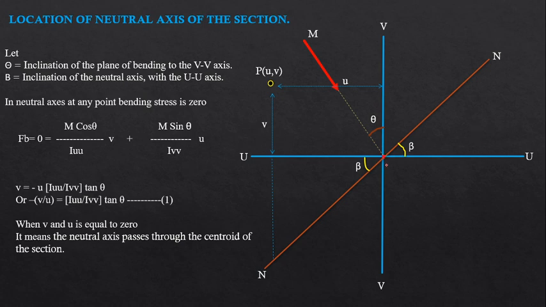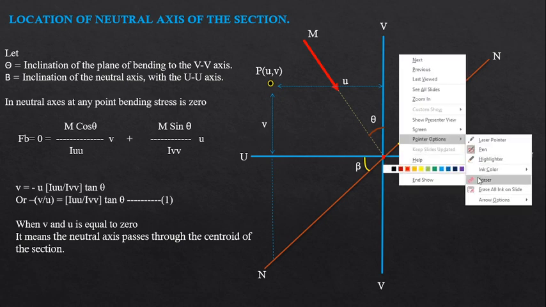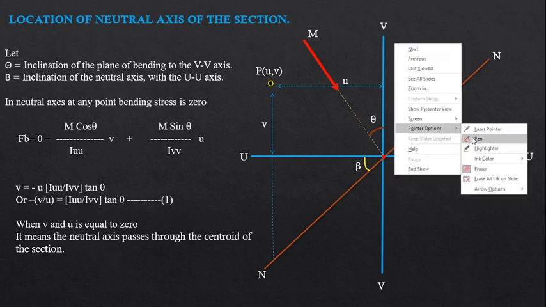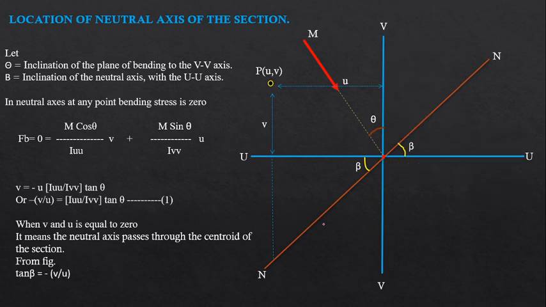This is the point where V and U equal 0. So from the figure, tan beta equals minus V upon U.